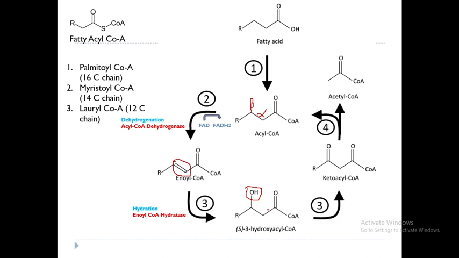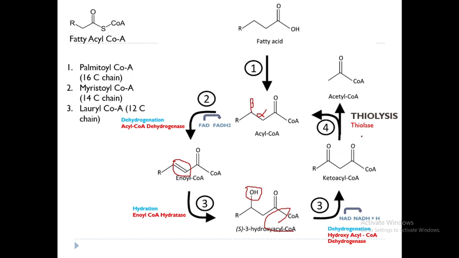The resultant structure formed here is hydroxyacyl-CoA. Now dehydrogenation takes place again. There is removal of hydrogen, where NAD is converted into NADH, and this is catalyzed by the enzyme hydroxyacyl-CoA dehydrogenase. This results in the formation of keto-acyl-CoA, where 2 oxygens can be seen here.